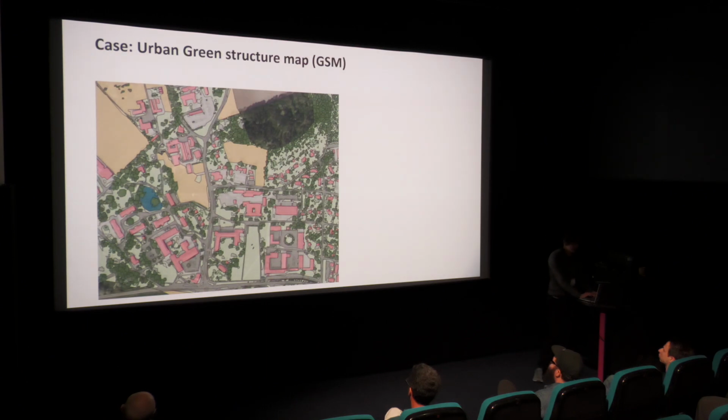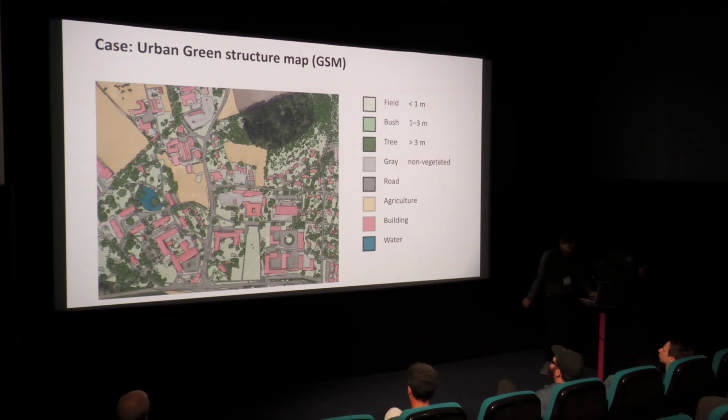Based on these input datasets, the surface is classified into 8 different classes: field, bush, tree, gray, road, agriculture, building, and water. We wanted to check the quality of this map: how good is the classification of the 4 top classes, field, bush, tree, and gray, on a polygon level?